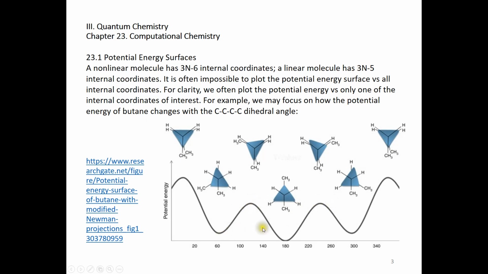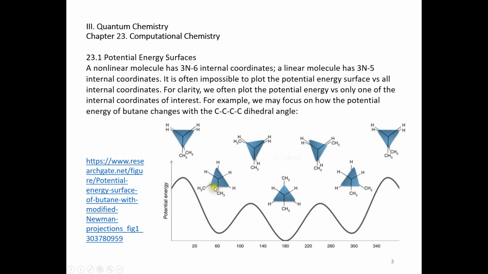Now let's look at two other values. When you look at these two other values, they are both staggered conformations. So there's not much steric hindrance, but still these two methyl groups are fairly close to each other. All right, compare with this.